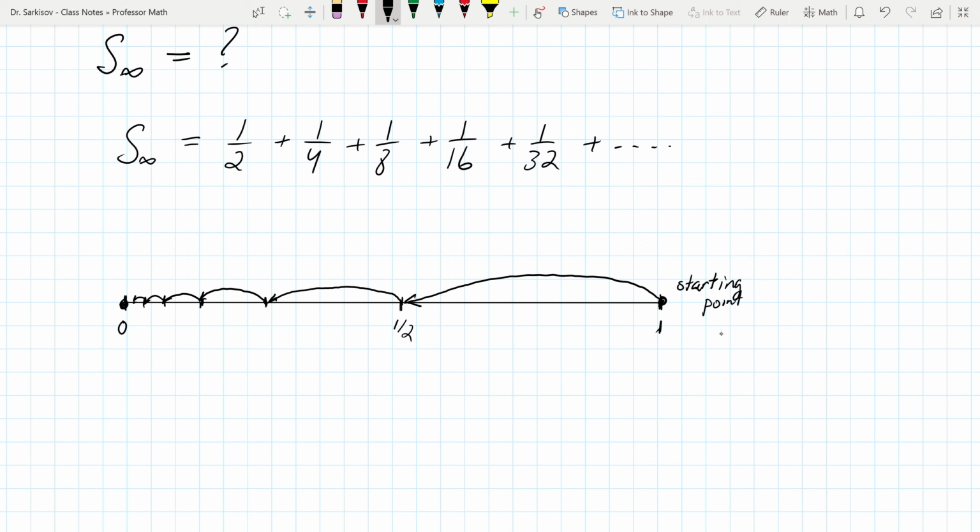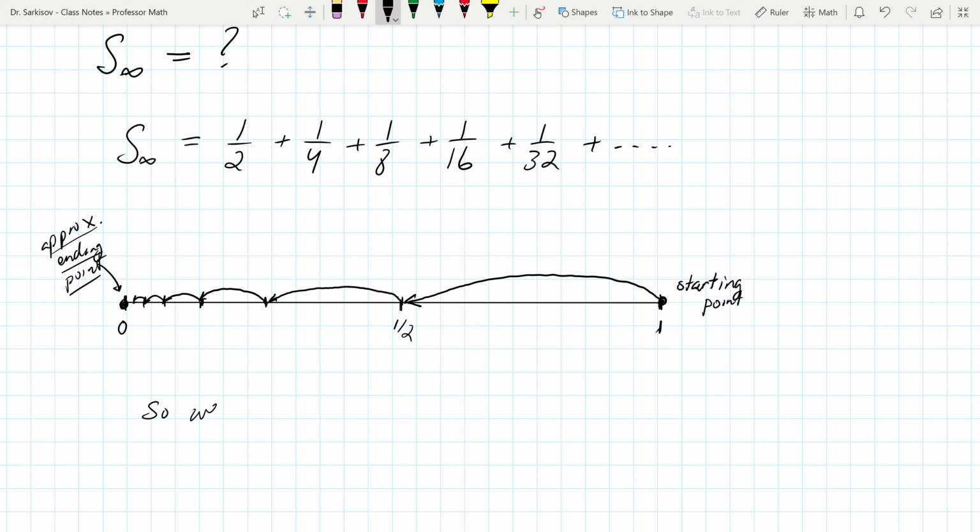We're approaching, so this is the ending point, approximately. This is exactly that starting point right there, and this is approximate, because it's not really exactly there ever, in a sense.